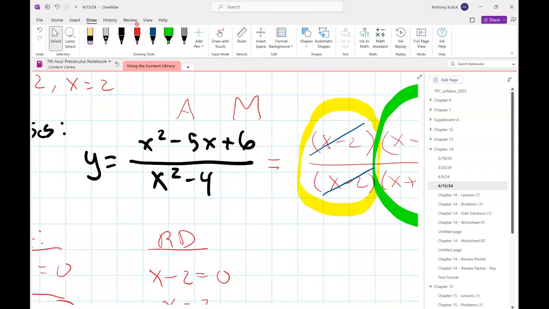No. If the numerator isn't factorable, how can I reduce it if it has to be in factors to cross out? So if you can't factor the numerator, that's good news. Just means that I have to set the denominator equal to 0. There can't be any removable discontinuities. Nothing weird's going to happen. Just go about my business.